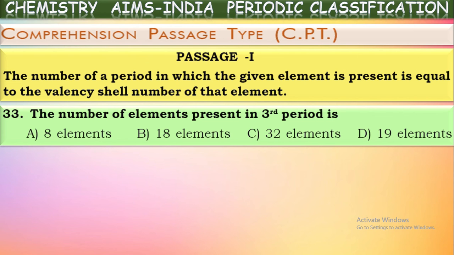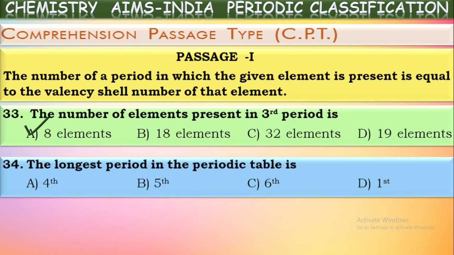Next, fourth and fifth periods have 18 elements in each, so they are called long periods. Sixth and seventh periods have 32 elements in each, so they are called longest periods or very long periods. Now they asked here about the third period. It has 8 elements.